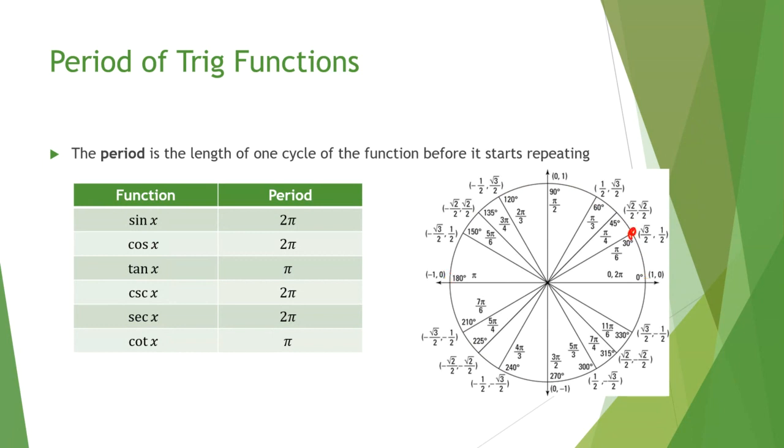But let's start here. Tangent is sine over cosine, so it would be 1/2 over square root of 3 over 2, so it's 1 over square root of 3. If you travel pi, then you get the same values but negative signs. The negatives would cancel. You would get the same value for tangent, 180 degrees or pi.